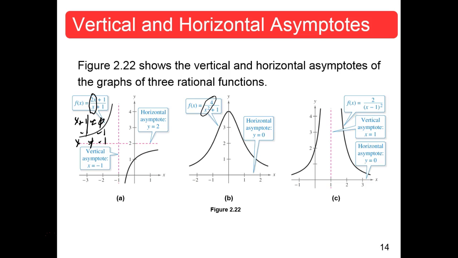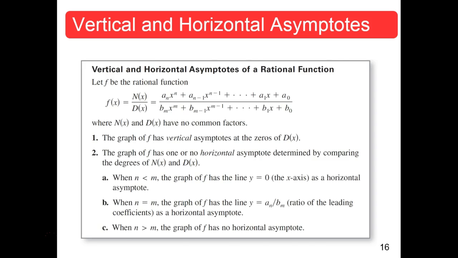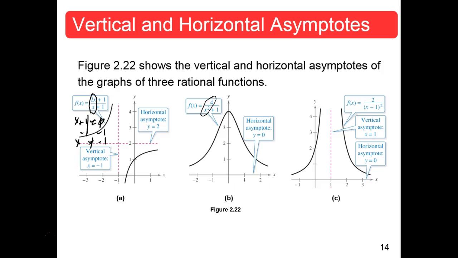How about your horizontal asymptote? Whoops. Whoa, wrong direction. Okay, here we go. Again, this time I would probably multiply out that denominator. So it would be 2 over, can anyone square x minus 1?